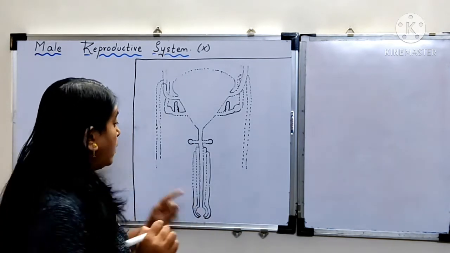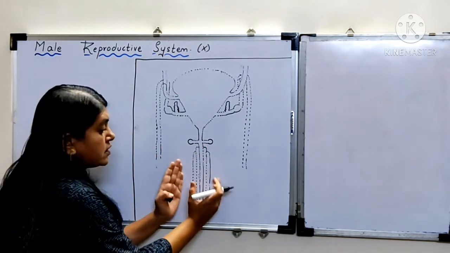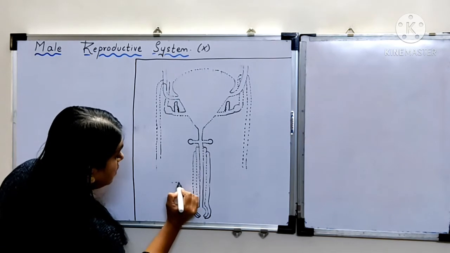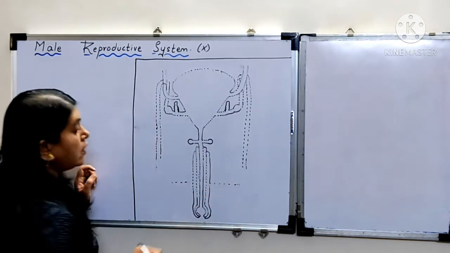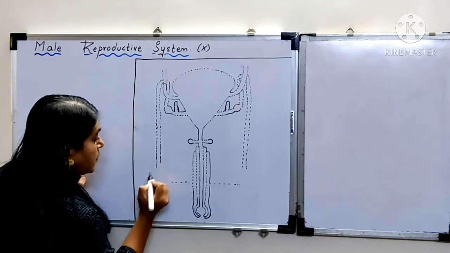Alright, now you extend these lines till the half of this pendulous organ. So suppose this is my half, then you can extend these lines up till here.